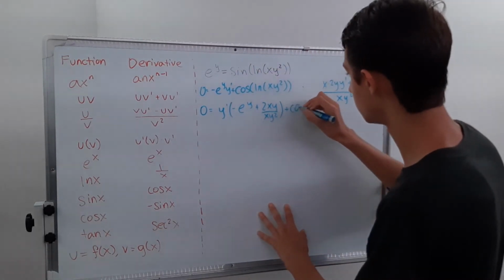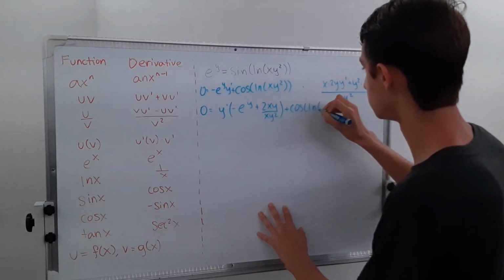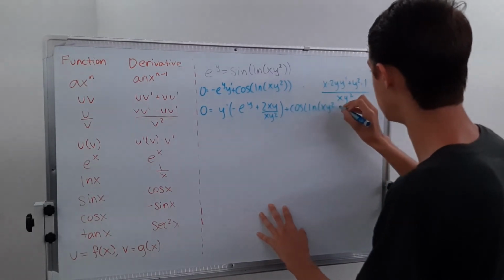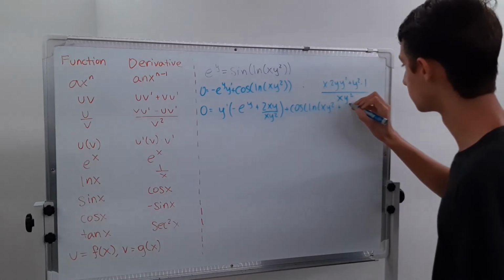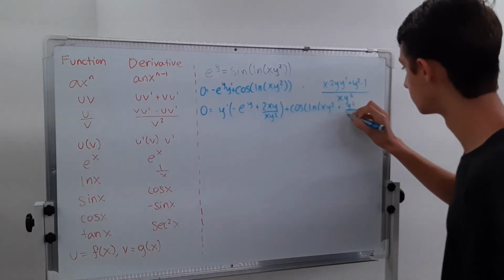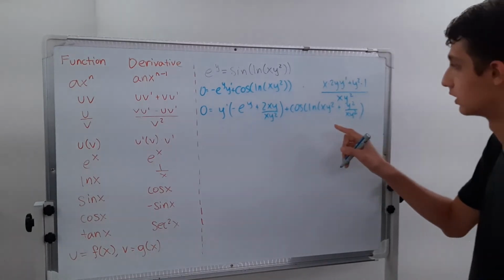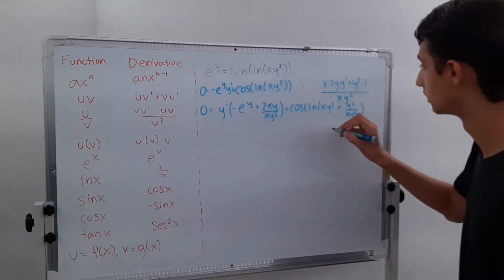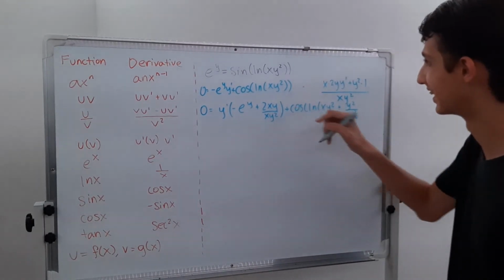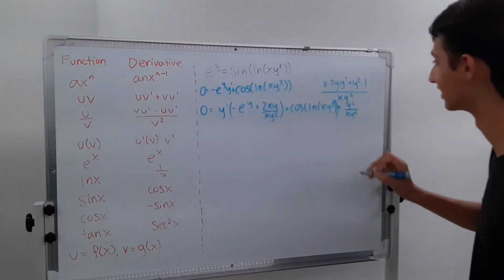We have this cosine ln of xy squared plus y squared over xy squared. Okay. Oops, hold on. No, that's a little too much. Let me close the parentheses there.